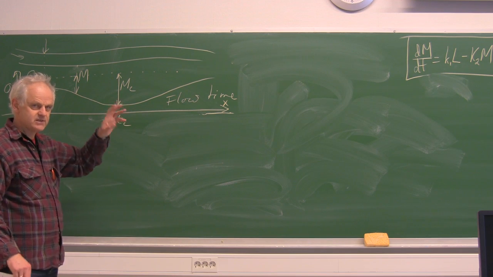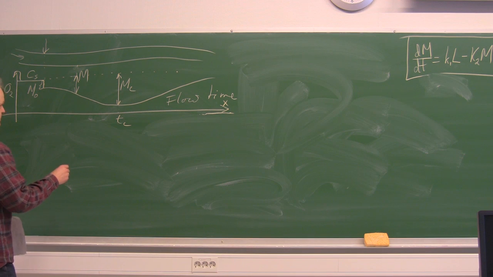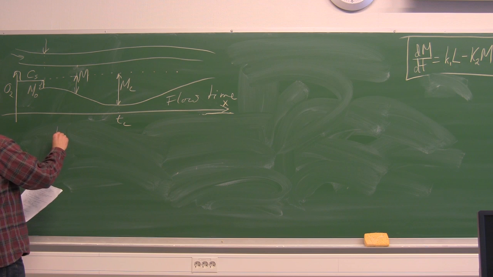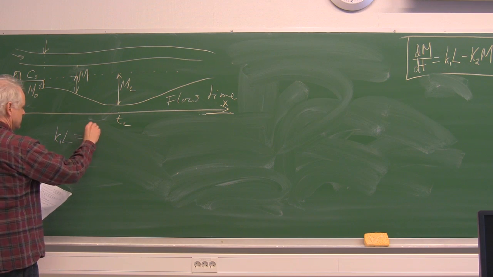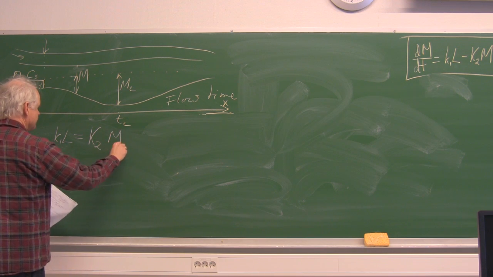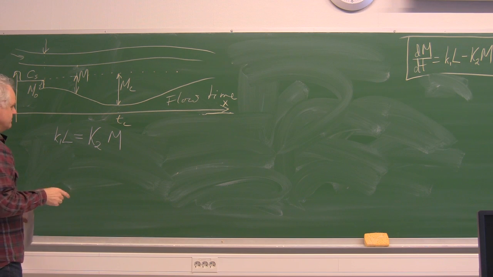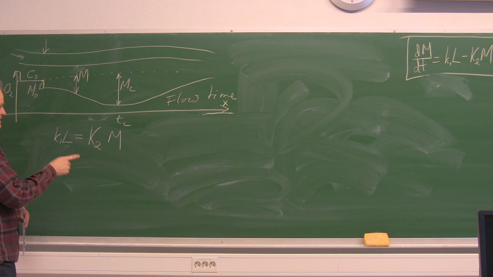So in other words, that's a nice little trick. We just say that equation is equal to 0. So we say K1 L is equal to aeration coefficient times m at that point. So then we can solve it. But before we go that far, we should look at how L is.